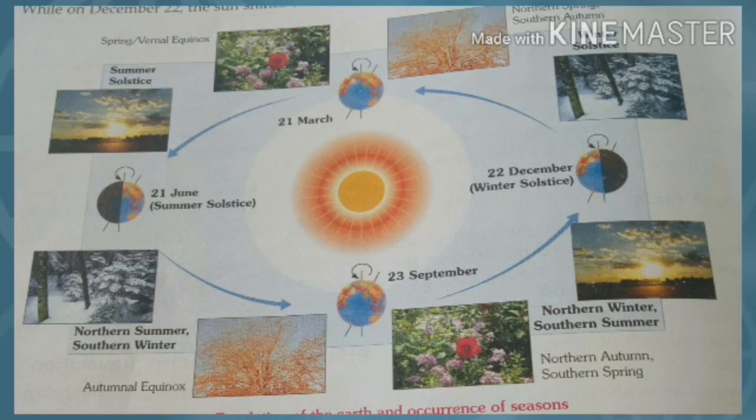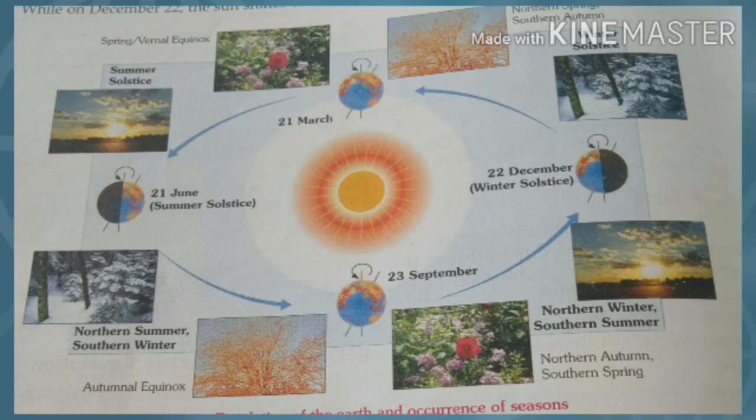Now you understand? If the sun rays fall vertically on the Tropic of Cancer, that is summer solstice. If the sun rays fall vertically on the equator, that is equinox. You have to note the date also. If the sun rays fall vertically on the Tropic of Capricorn, that is winter solstice.